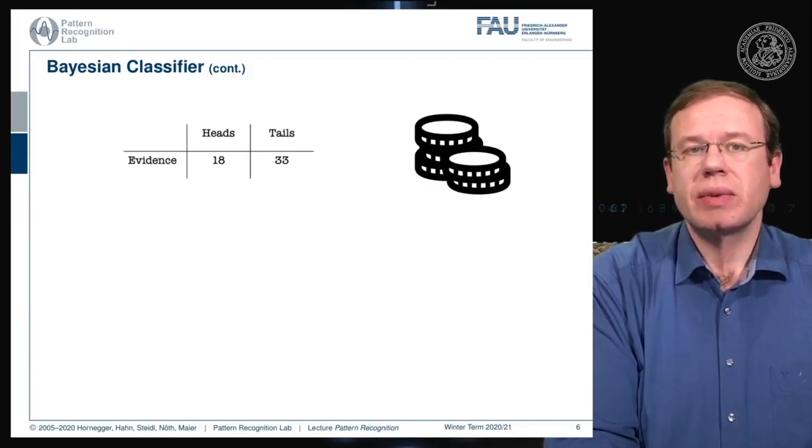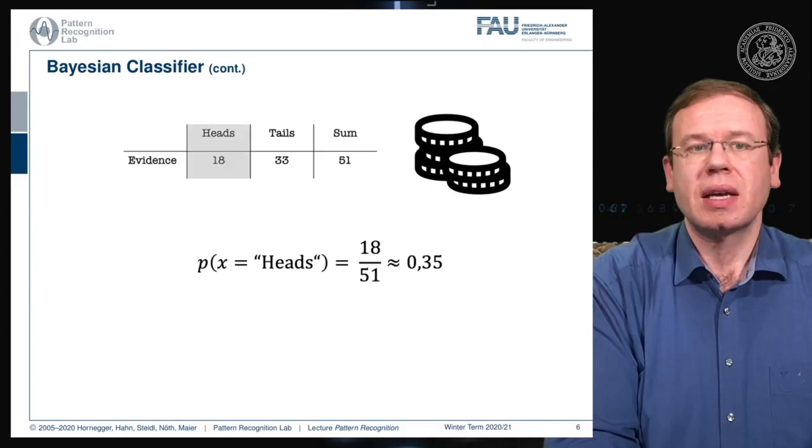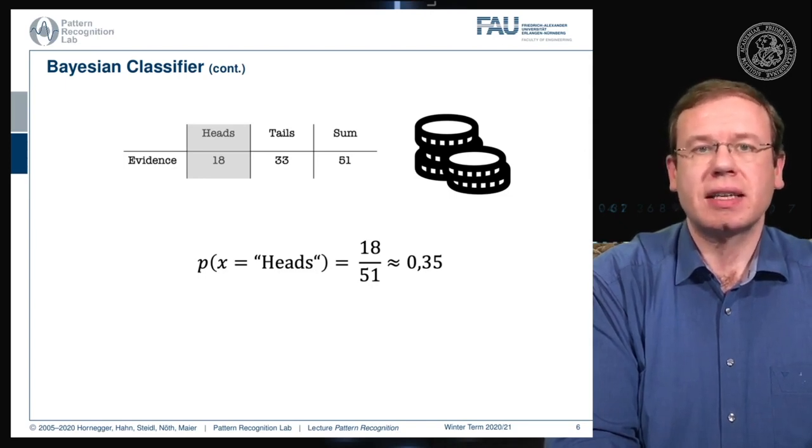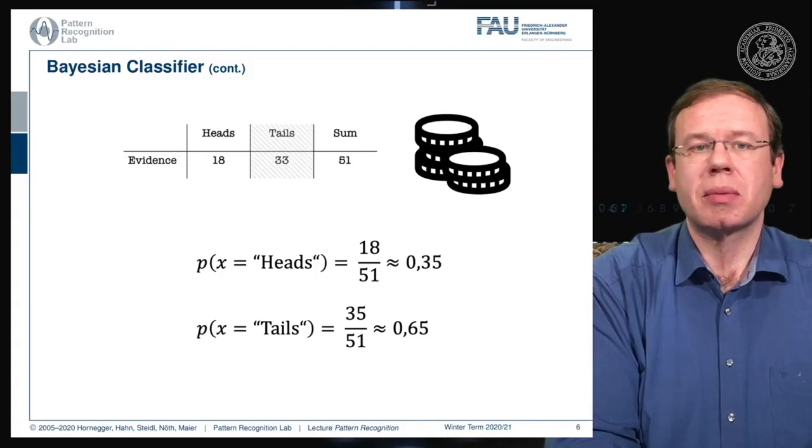You can see here we did a coin flip and we had 18 times heads and we had 33 times tails. In total, these are 51 observations, and with these discrete observations we can now try to estimate the probabilities. So the probability for observing heads in this case is approximately 35%, and in the same way I can also compute the probability for tails, that is approximately 65%.